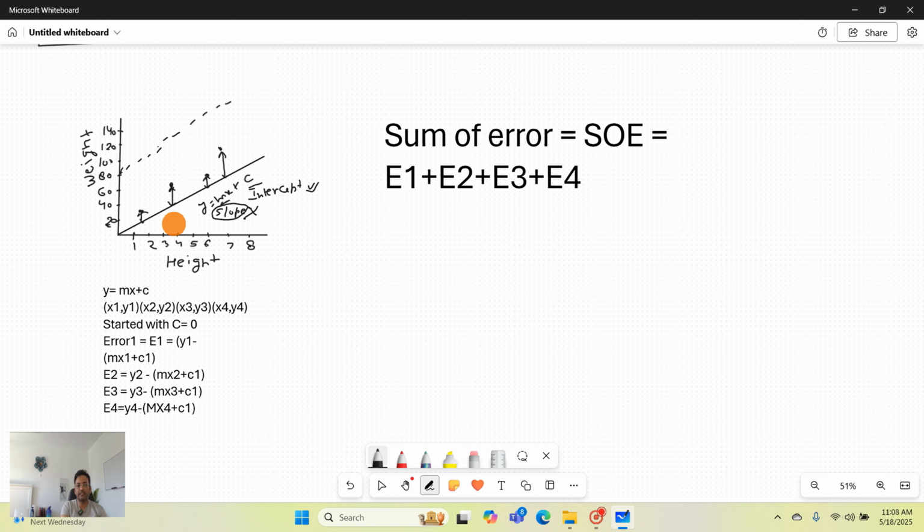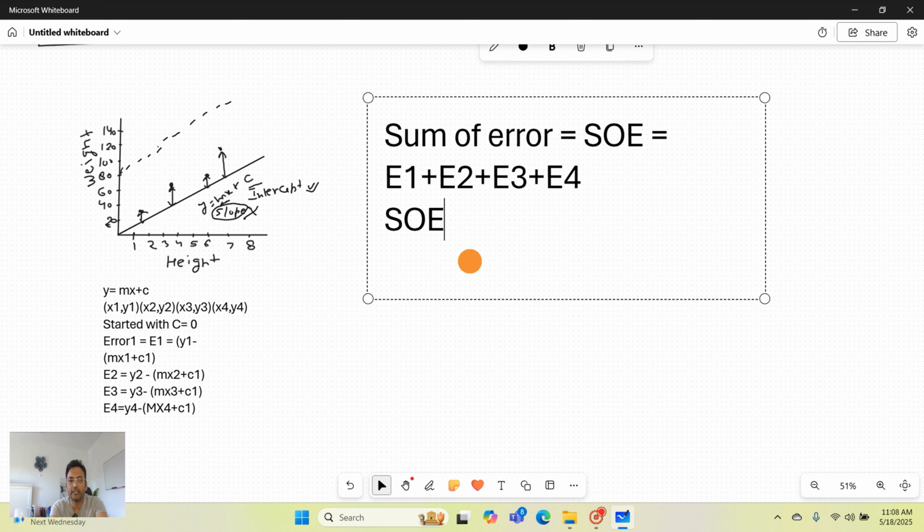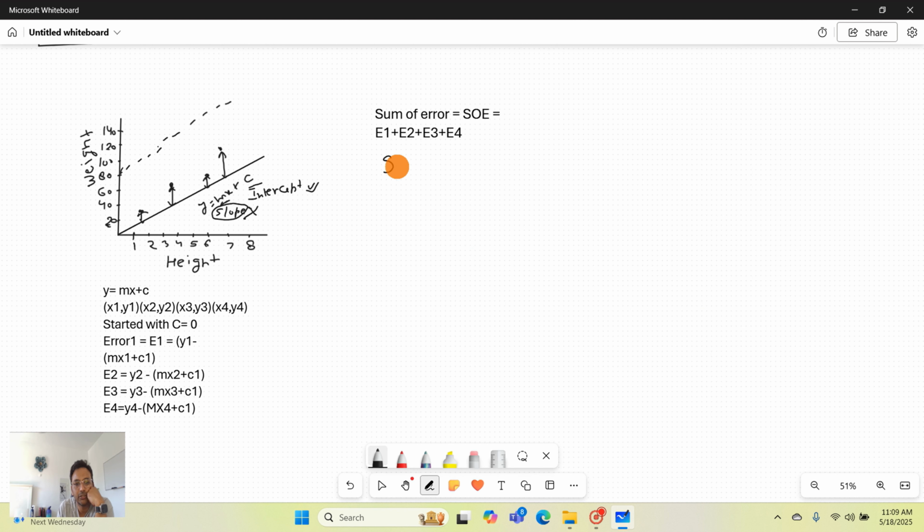So to simplify this, what we can do is take the square of the error. Let the summation of error square equal the sum over i equal to 1 to 4, since we have 4 data points, of e_i squared. This is the simple formula: the summation of error square is the square of each error.